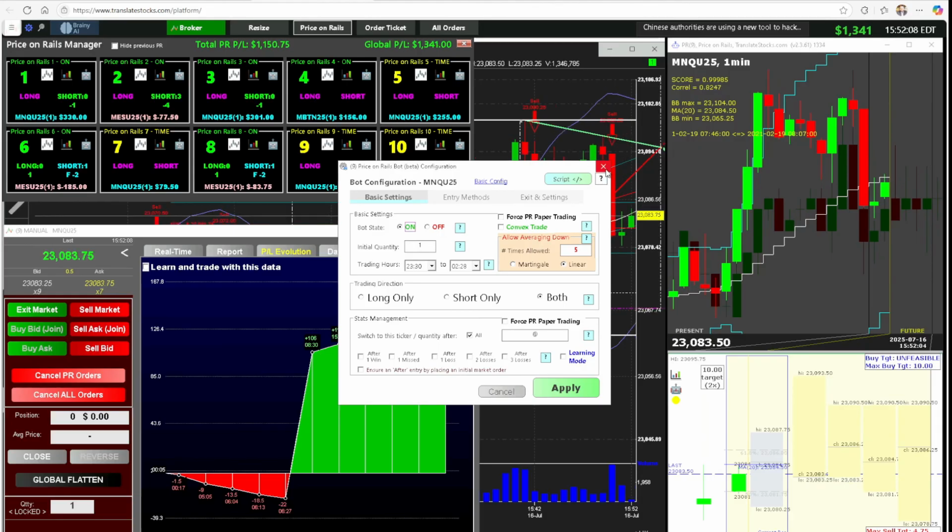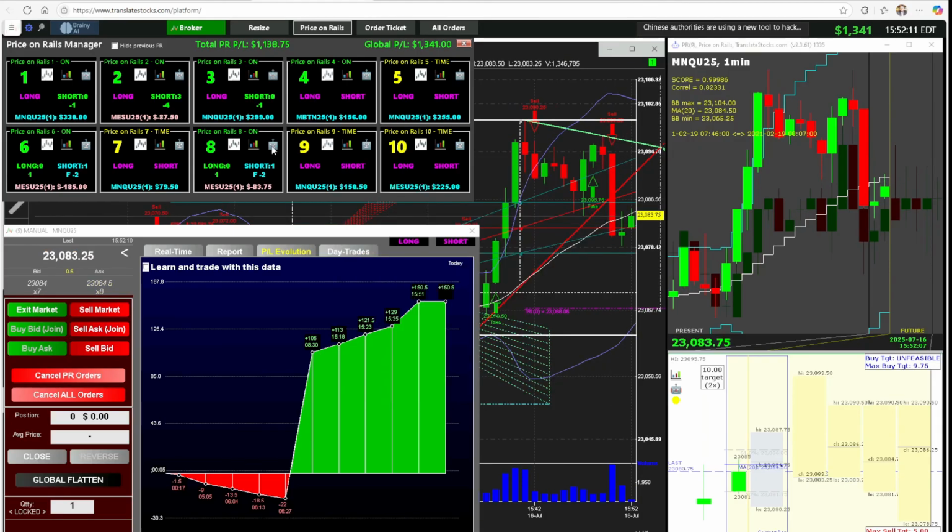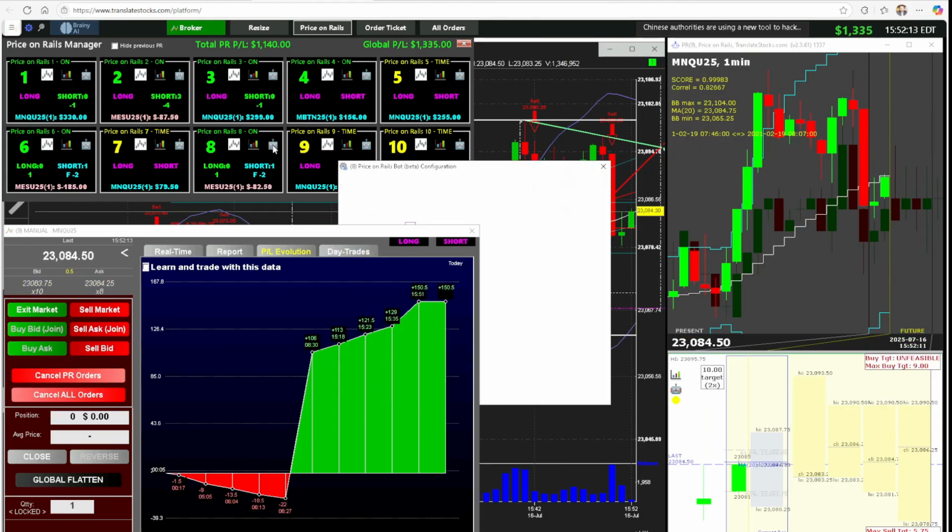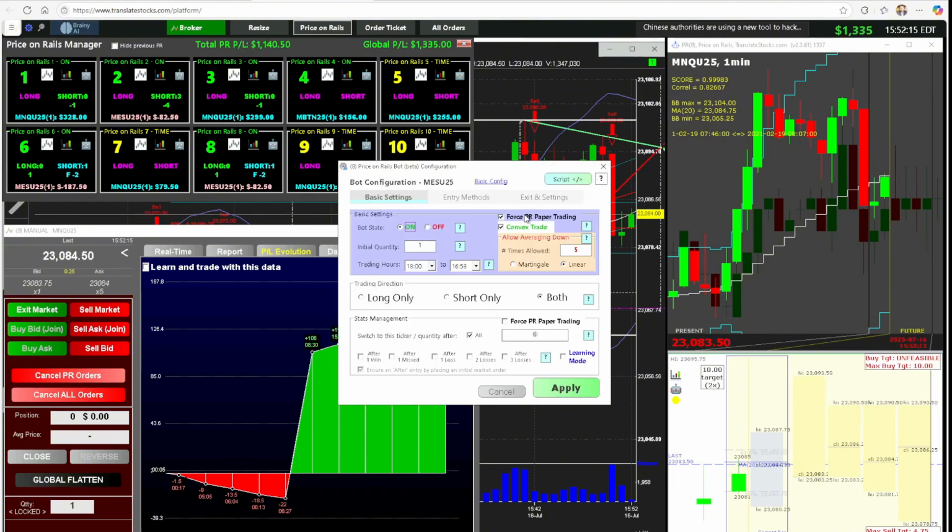And let me show you the config for agent number 8, so we can copy that configuration. We click on force paper trading for the entries, and then the convex trade for the real trade to trade on the other side. From 6 to 5 p.m., 5 linear entries to the paper trading.